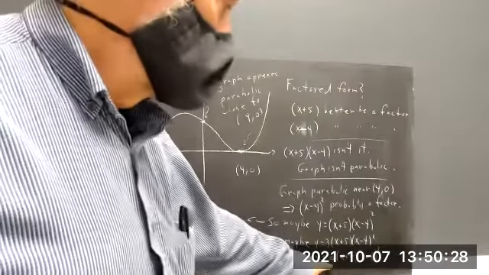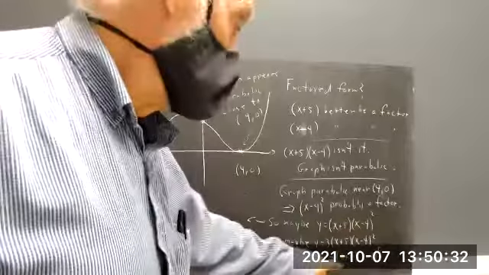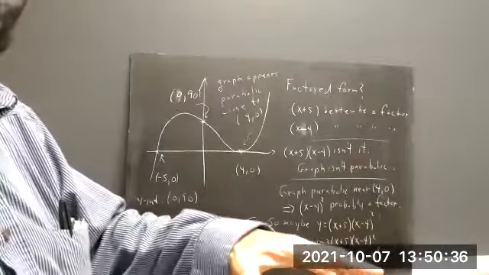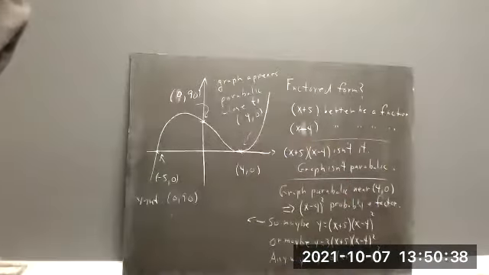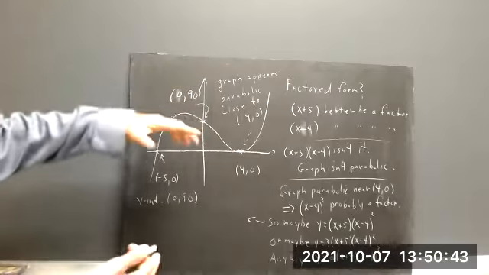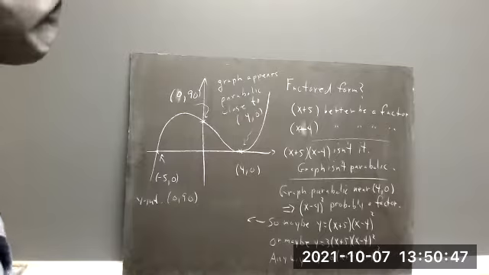And a is just a vertical stretch or compression of this. A times this is just a vertical stretch or vertical compression of this. And that vertical stretch or compression can match up the graph with this y-intercept. So your y-intercept is 0, 90.